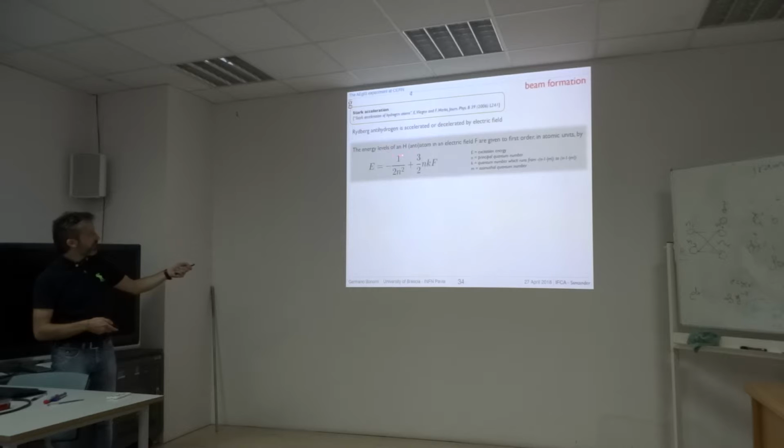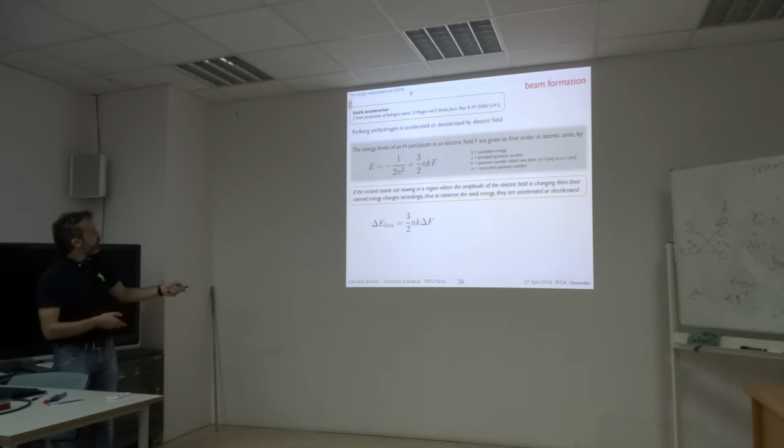So the energy levels of an atom or an antiatom in an electric field are given, to first order in atomic units, by an energy that depends on the quantum numbers. So if you go to a place where you have an electric field gradient, then to compensate for the energy, you end up with a change in kinetic energy.